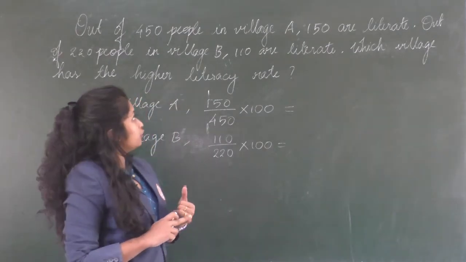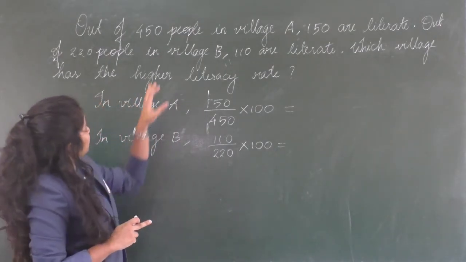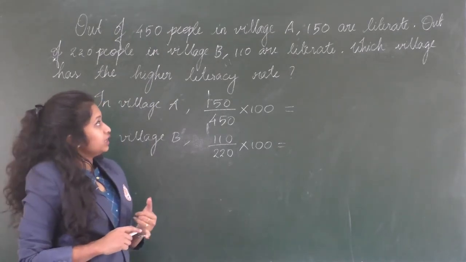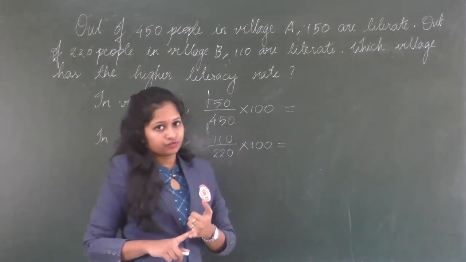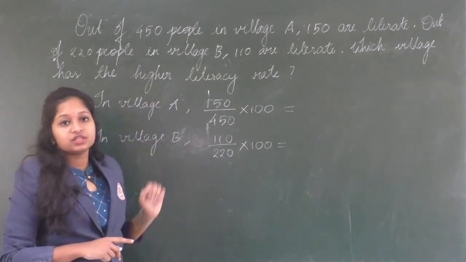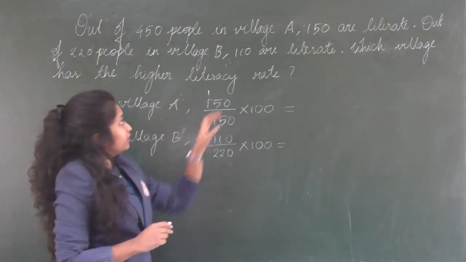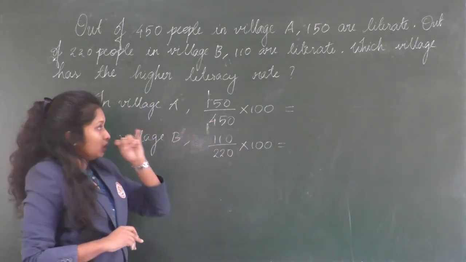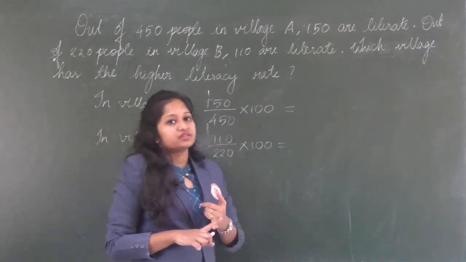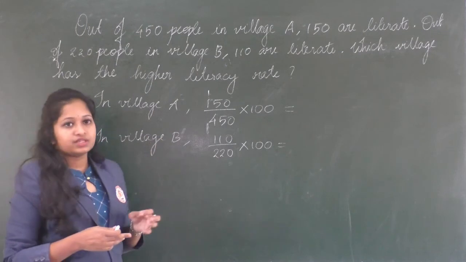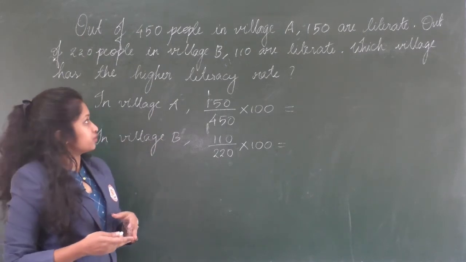So the total number of people in village A is 450 and number of literates is 150. And in village B, total number of people is 220 and literates are 110. So let's make this into percentage and then find which village is having highest literacy rate.